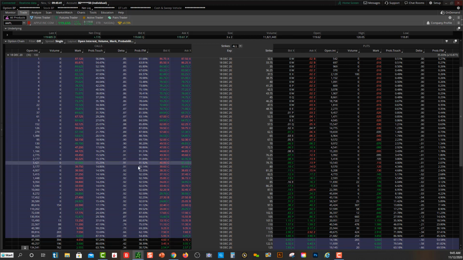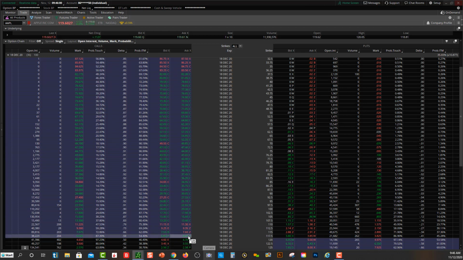So if I'm just buying a call, the higher I go up this chain, the more probability that it is going to expire in the money, and then I'll succeed on that trade. So that's where you can see the price goes way higher the deeper in the money that you go.